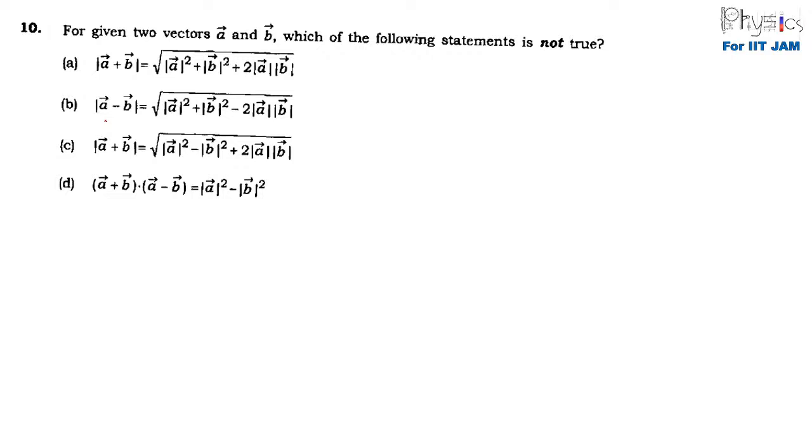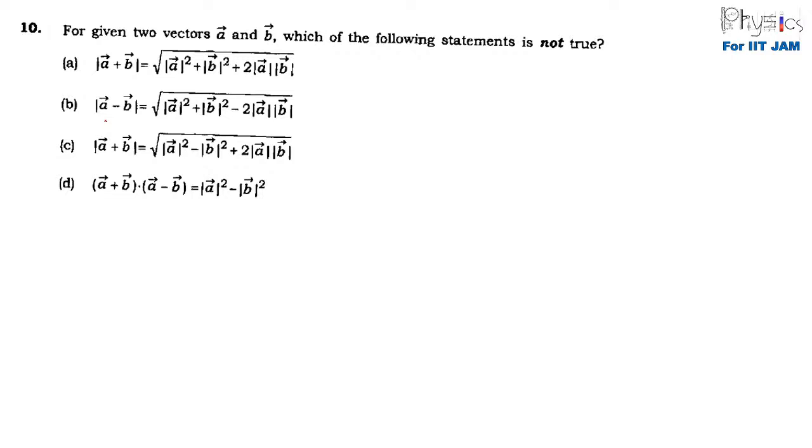So this question is again from vectors. The question is, for given two vectors a vector and b vector, which of the following statements is not true? Option A is mod of a vector plus b vector equal root over mod of a vector square plus b vector square plus 2 mod of a vector times mod of b vector.